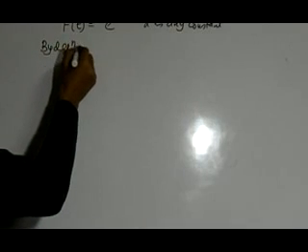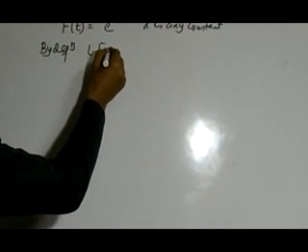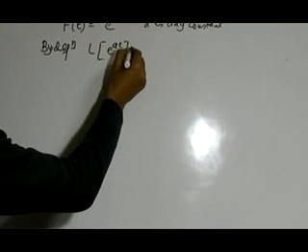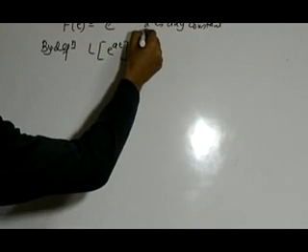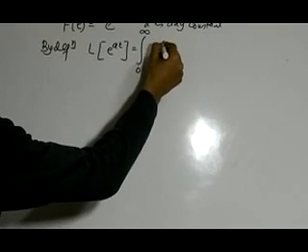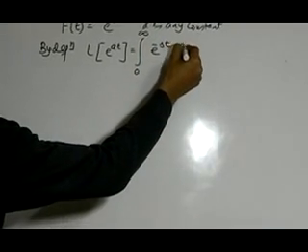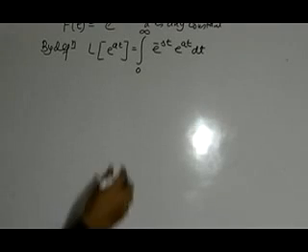And I want to get the Laplace transformation of e to the power at. So by the definition that we have studied, Laplace of e to the power at is the definite integral from 0 to infinity of e to the power minus st into e to the power at dt.